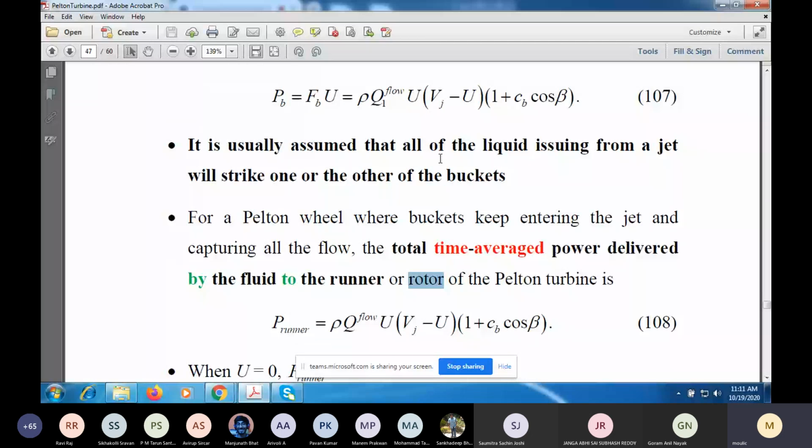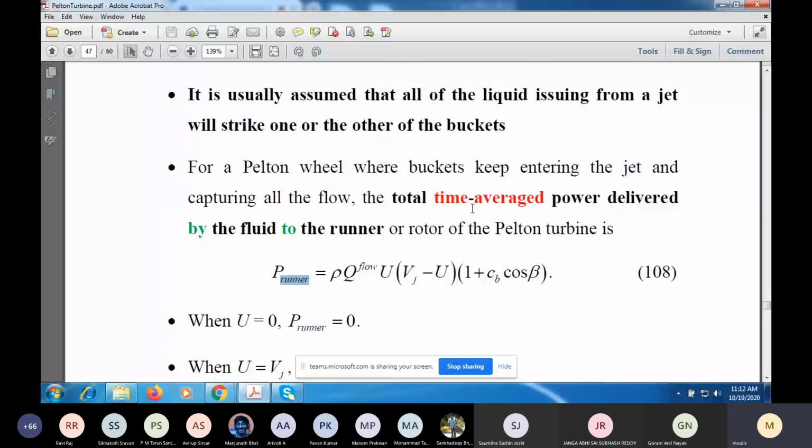Only thing is, instead of Q1 flow, that is the volume flow rate entering one blade, you will substitute the total volume flow rate Q. So this gives you the total power by the runner, which includes the power developed by several blades simultaneously. And this is a kind of time average, average over one cycle, let us say. Cycle means one revolution of the wheel.